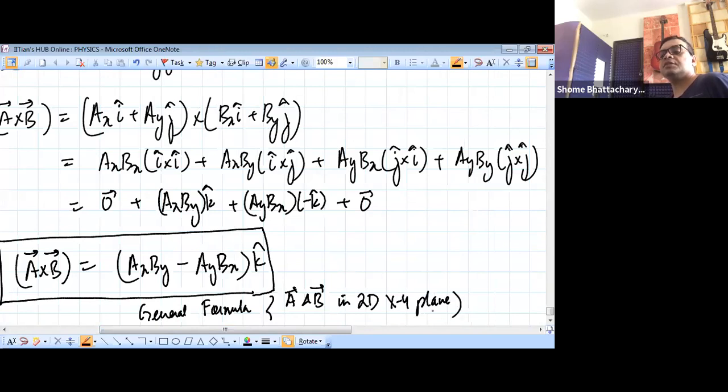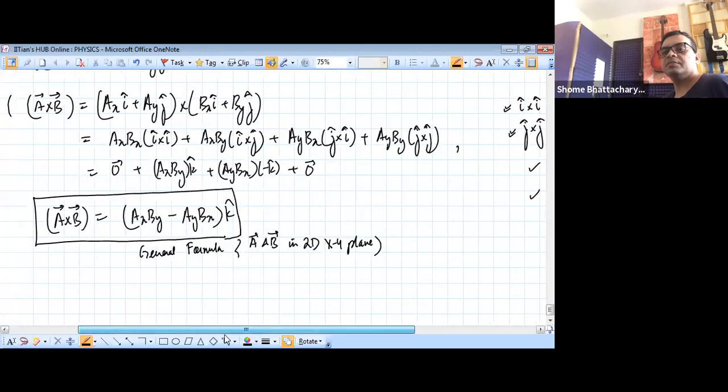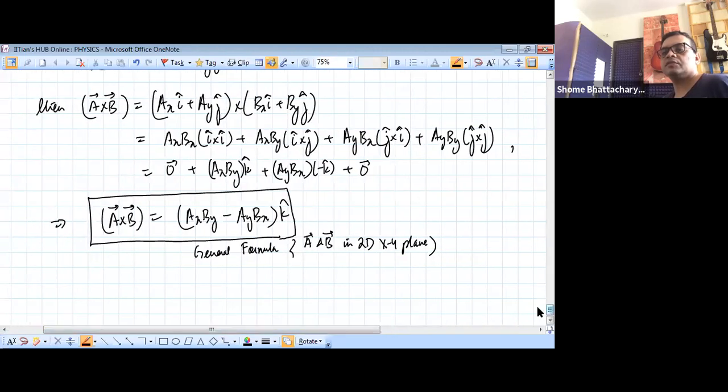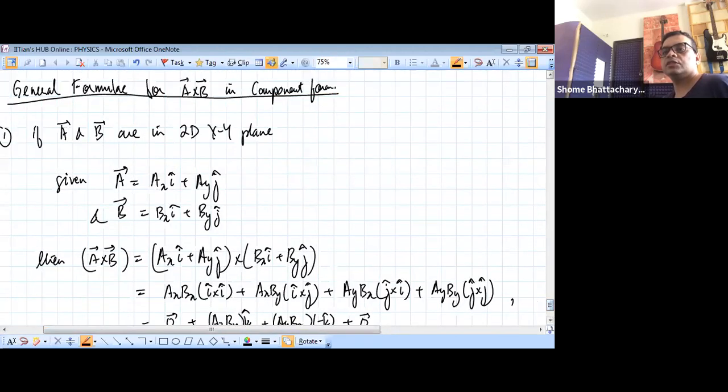Similarly, we'll see the three-dimensional version also in a bit. Okay? But first, just understand the mechanism of this derivation fully. It is making use of the properties that we learned earlier. It is making use of the same properties.